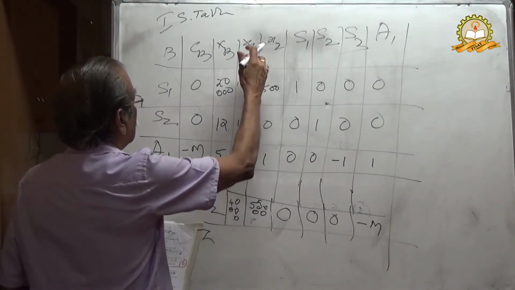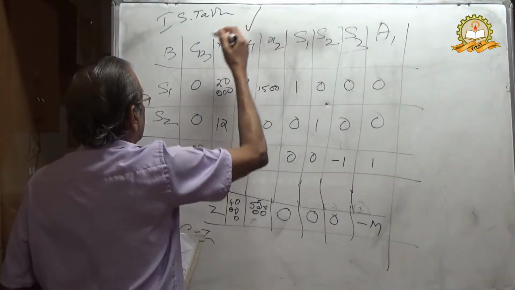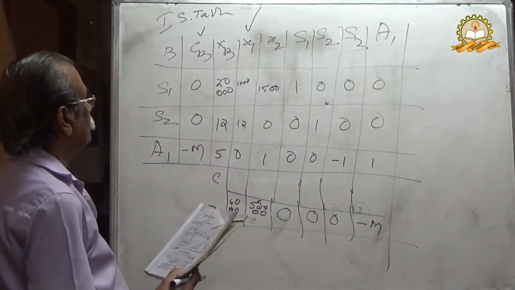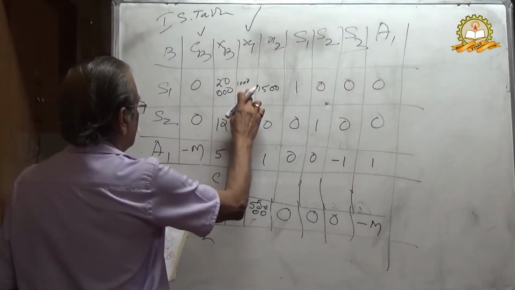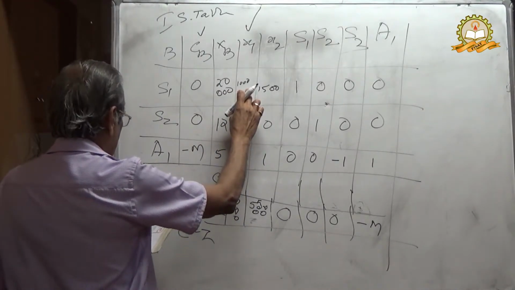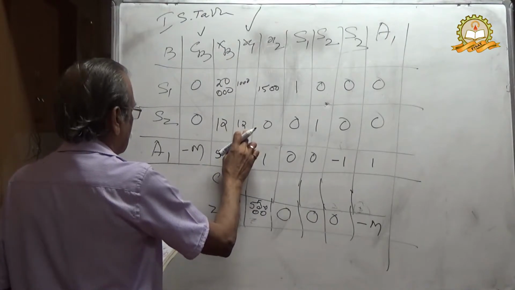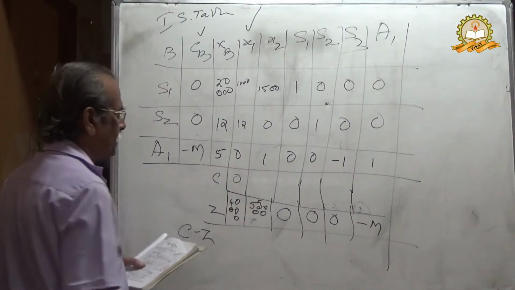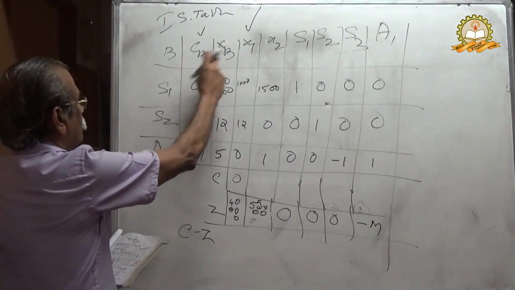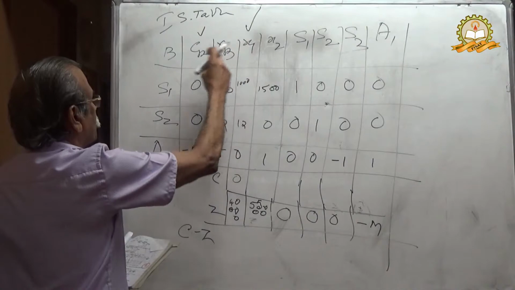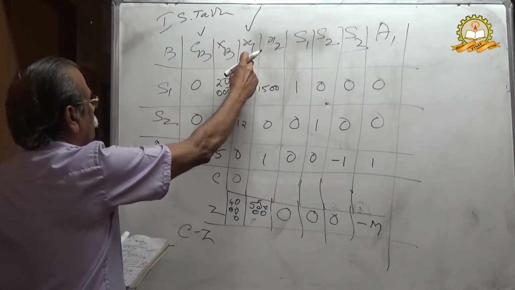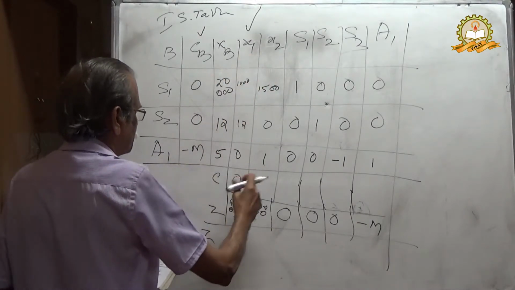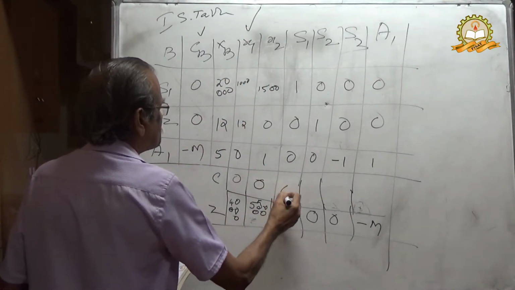Therefore, you can multiply this column into this one. 0 into 1000 plus 0 into 12 minus 5 into 0. Therefore, you have 0. Second column into the coefficient of the third column, under x1, 0 0.